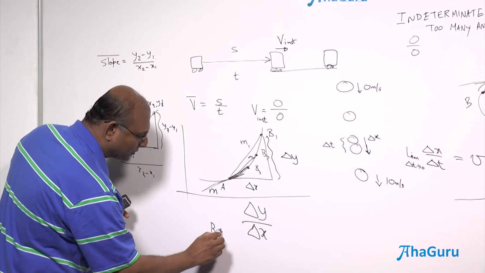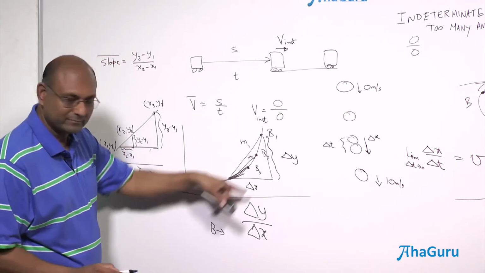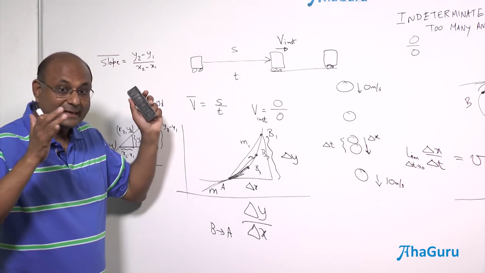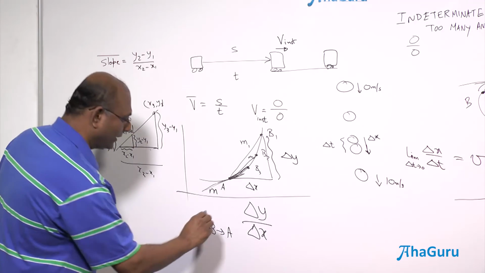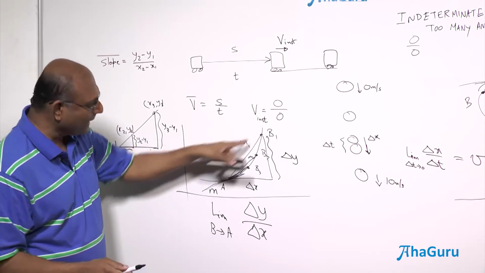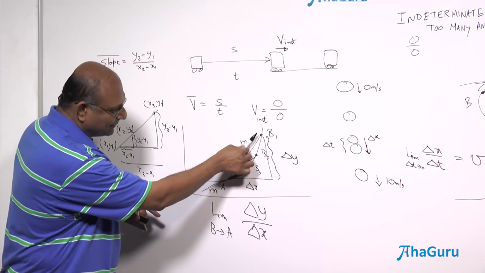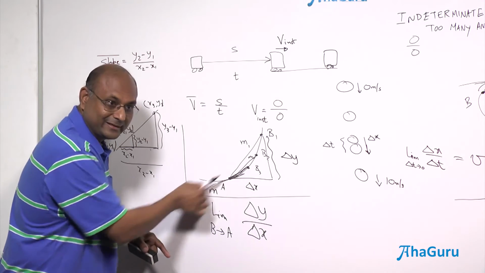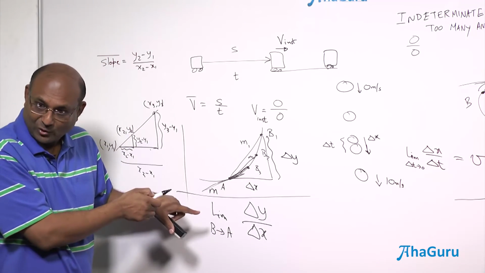B gets closer to A. When B gets very, very close to A, we say that is the idea of limit. So, limit B gets really close to A. What happens to this line? This line, which was a secant, has become a tangent. And that line would have a slope.